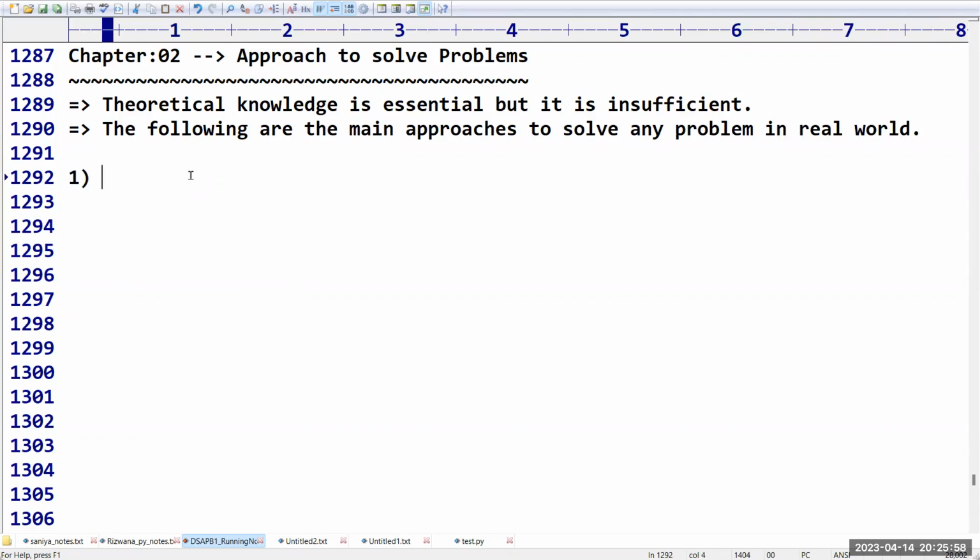What is the first approach? For any problem, you have to identify the constraints. Constraints means conditions. If they give a program, you have to identify the constraints of that particular program. Second, idea generation is required. You have to generate an idea for the given problem statement.